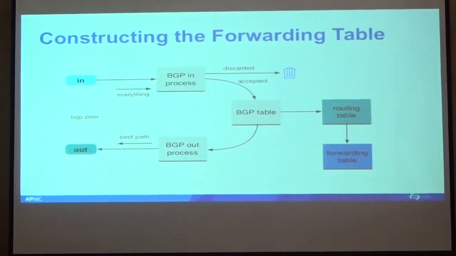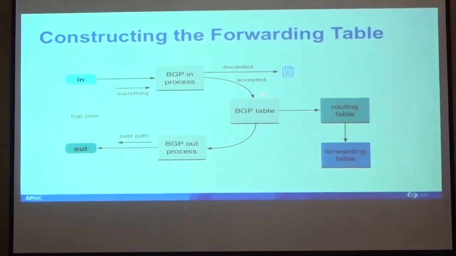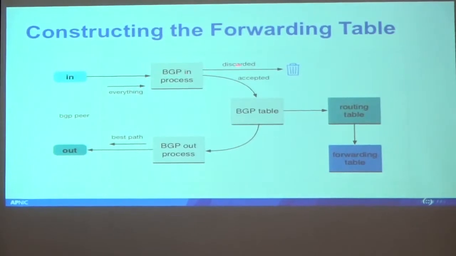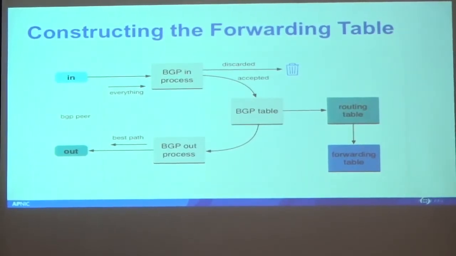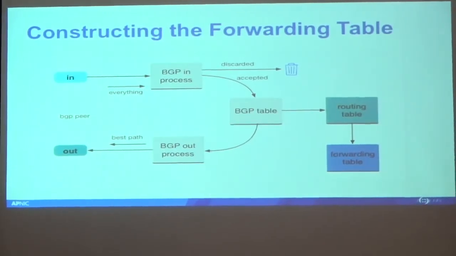So by implementing that through BGP, you accept some of the routes that you have learned from your neighbors, and you discard some of those routes. Not everything is accepted. Out of that, you have your BGP table. It goes to the routing table. The routing table contains all the possible routes, not just learned via BGP, but maybe learned via OSPF, through other routing protocols, through connected routes, and all that. And the best path among all those possible routes goes to your forwarding table.